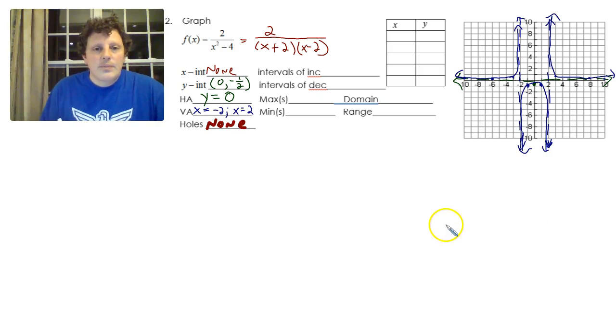In example 2, intervals of increase or decrease, we'll start on the left. We notice that it is going uphill, right? So that's increasing to the asymptote, and the asymptote is at -2. I then notice that it is increasing to right here, this one spot. So it's increasing from -2 to this x value of 0.